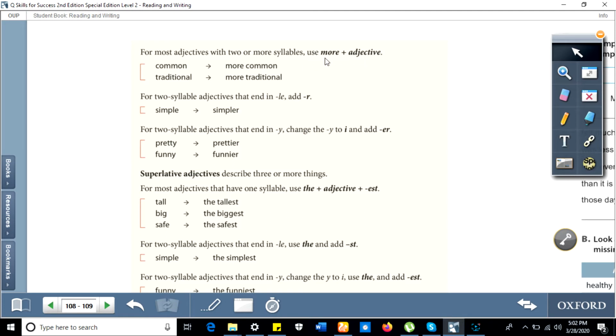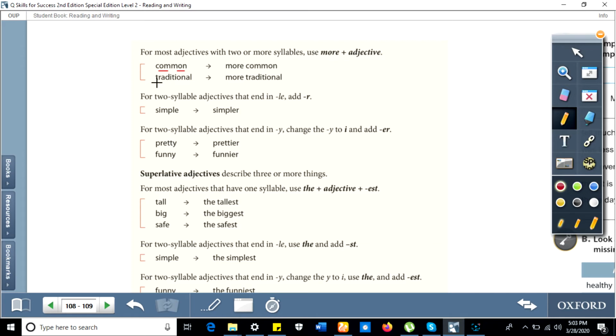With the comparative, we can use "more" with the adjective to make it a comparative adjective, right? Here, "common" has two syllables, so we use "more common".